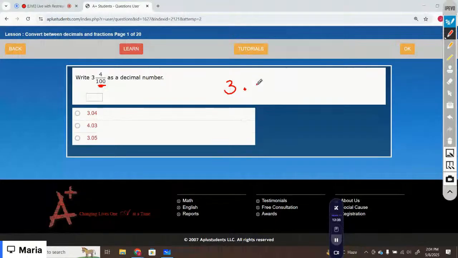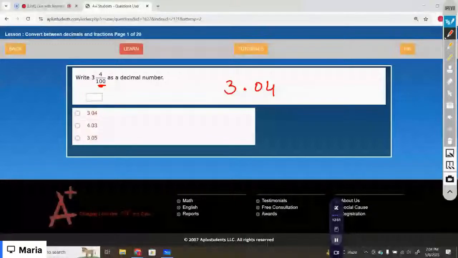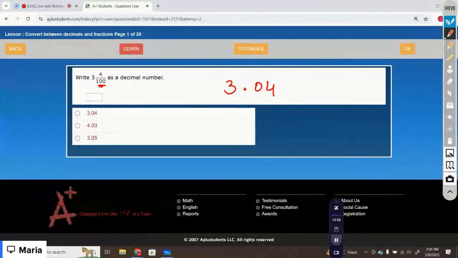That means the number must have two decimal places. So that is 3.04. Got it? Because the number has two decimal places. So option number 1 is the correct option. That is 3.04.